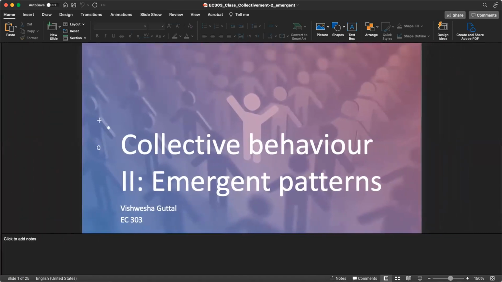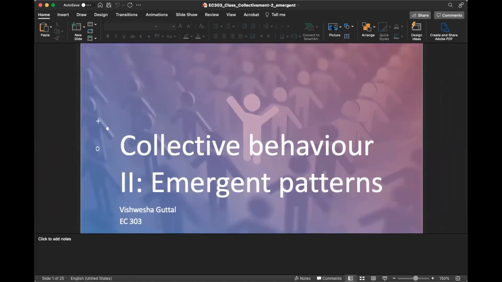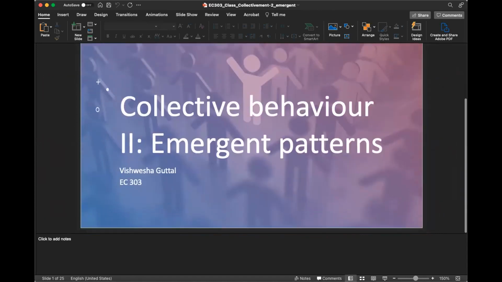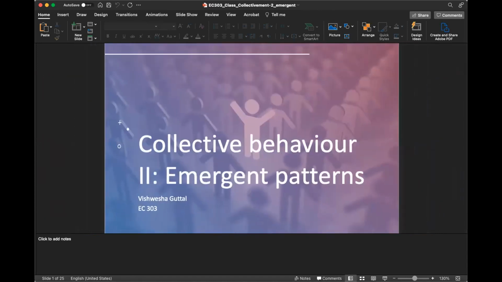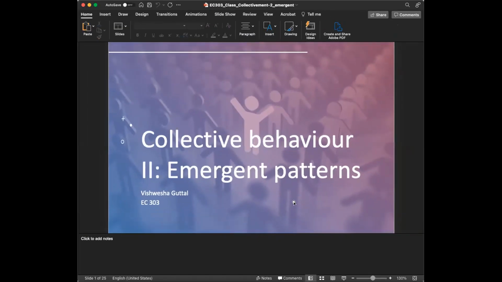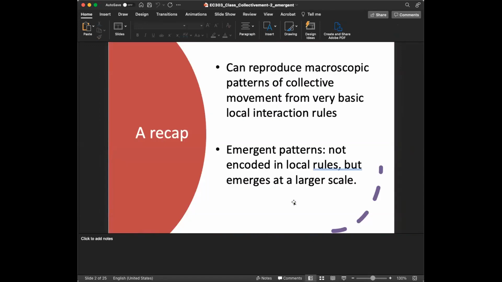Okay. So now I'm going to talk about what we call emergent patterns, or also self-organized behavior, in a bit more detail, using this example of collective movement again. Just a bit of recap from the previous set of slides. Basically, one of the couple of things we have learned is that you can reproduce certain macroscopic patterns of real biological systems from relatively simple rules of interactions among organisms.